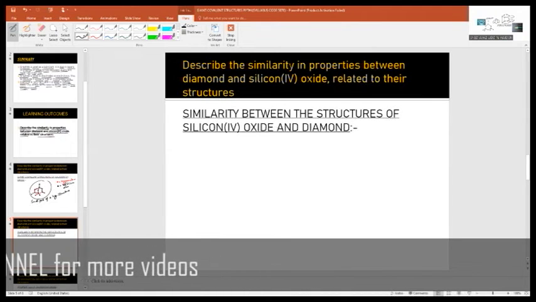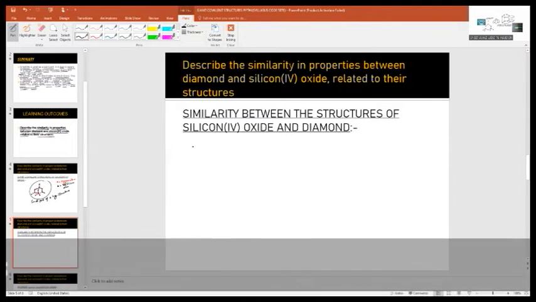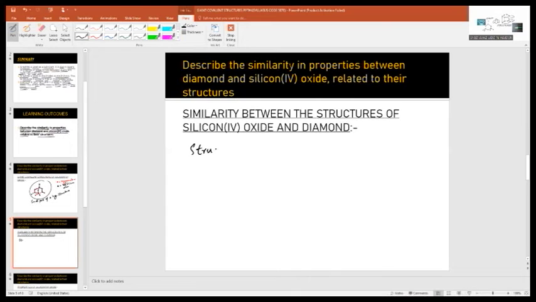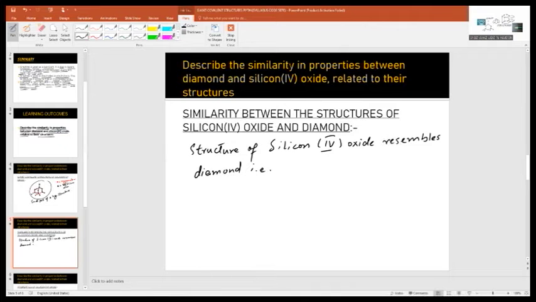So first of all, I will write: structure of silicon(IV) oxide resembles diamond. That is, it's also tetrahedral.